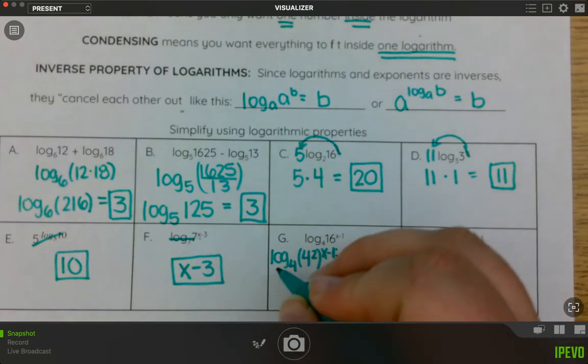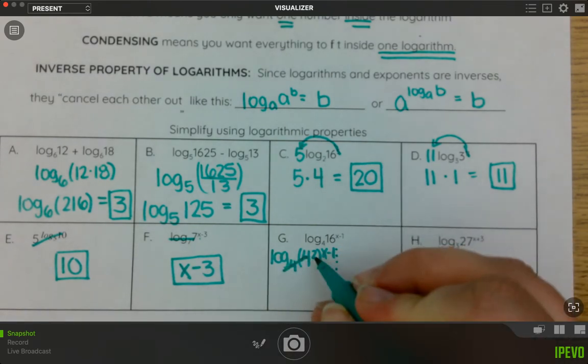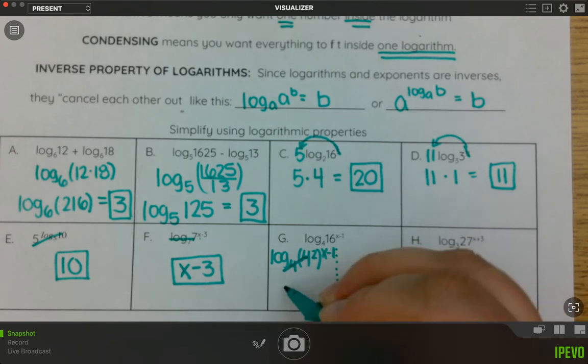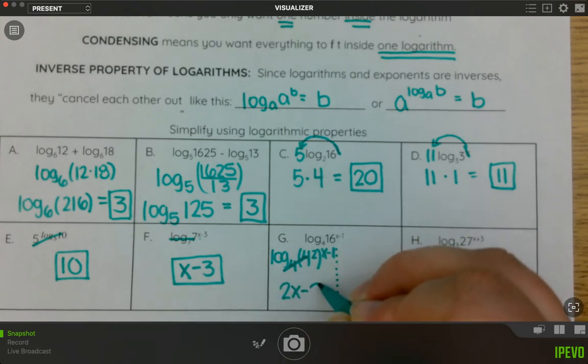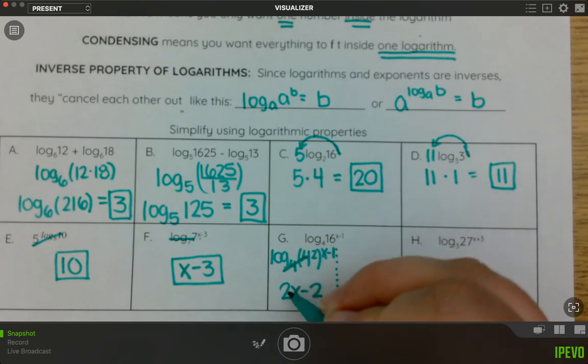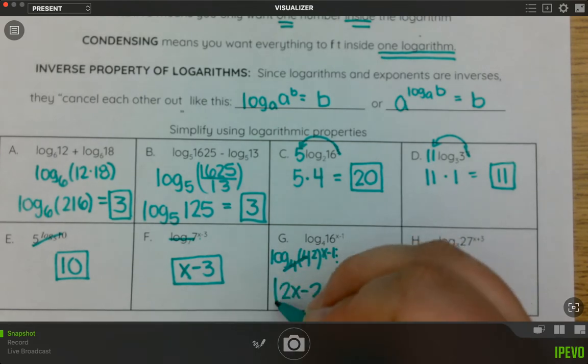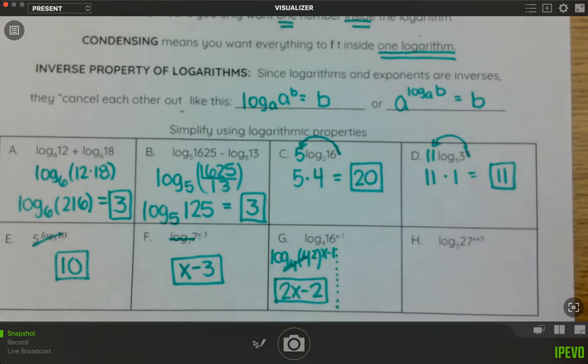And then my 4s cancel out, and I have 2 times x minus 1. I have to distribute that. So 2 times x is 2x. 2 times negative 1 is negative 2. Done.